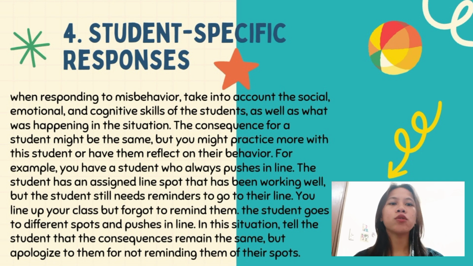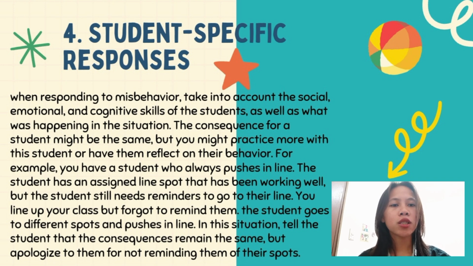So, student-specific response. While maintaining consistent consequences is important, the response should also account for individual student needs and circumstances. Why it matters? Students are unique, with varying social, emotional, and cognitive abilities.